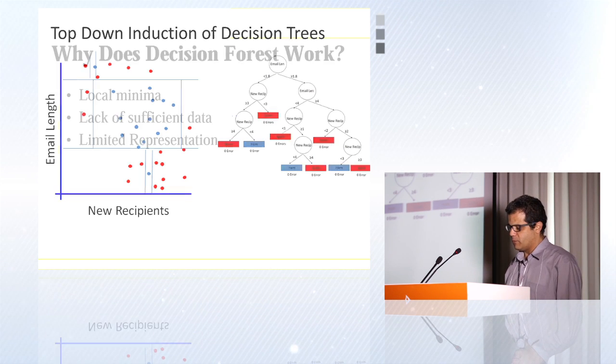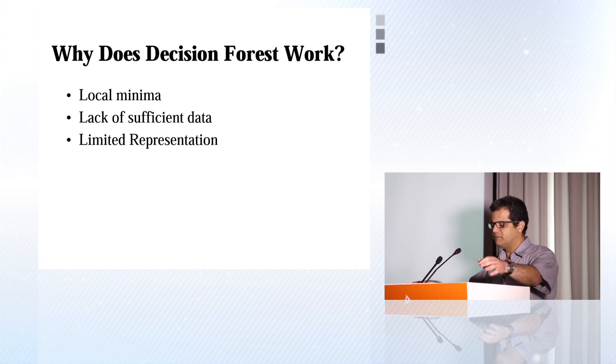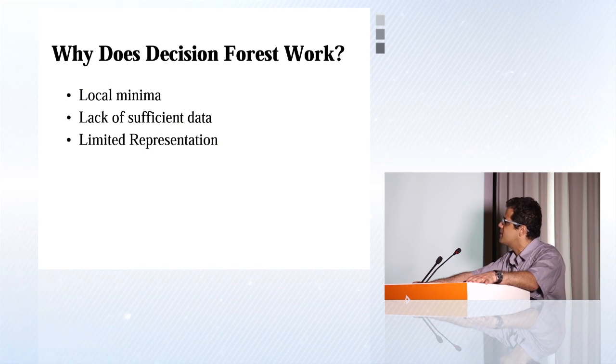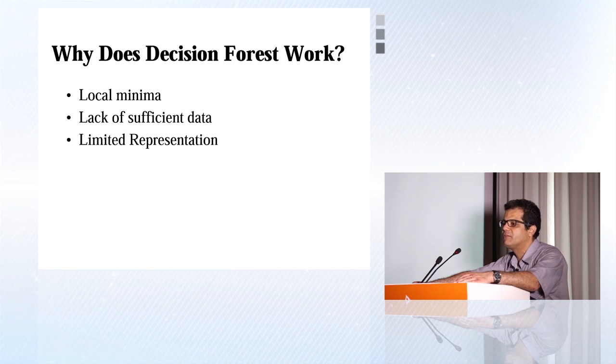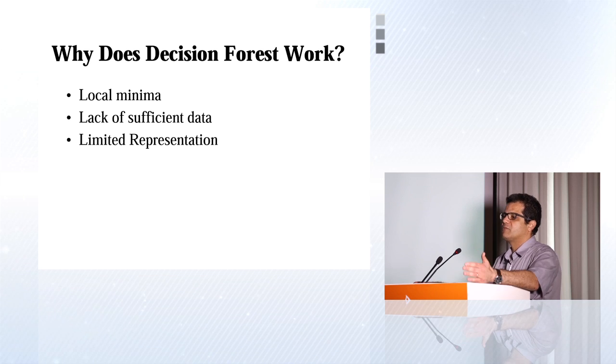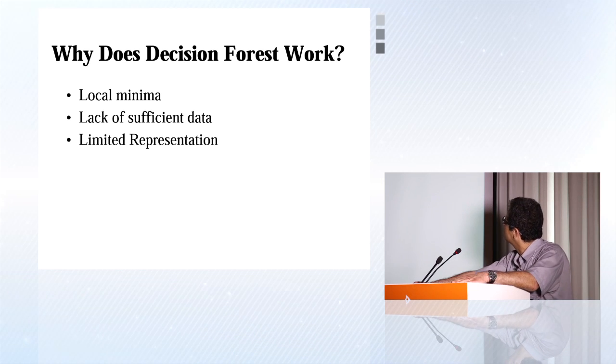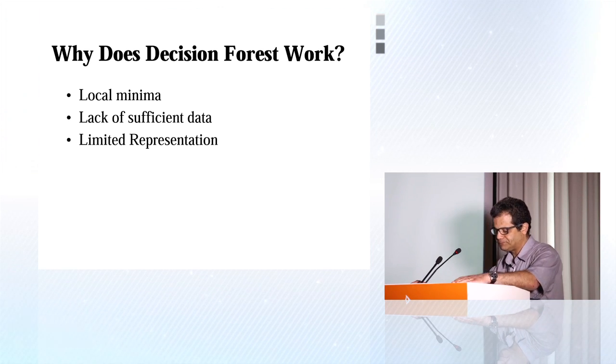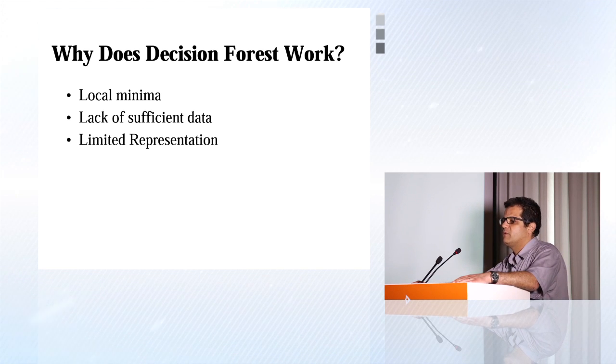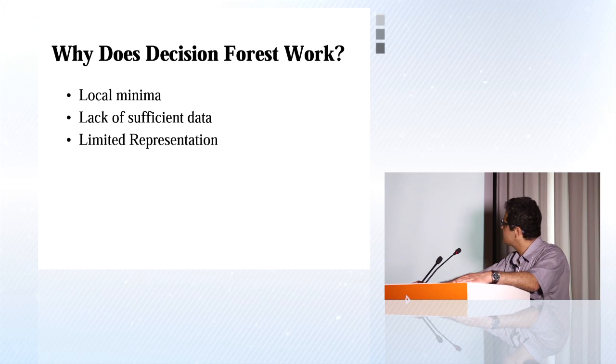So while decision trees have a lot of advantages, they do have some disadvantages, and the decision forest tries to overcome these disadvantages. First of all, because it is a greedy algorithm, it sometimes goes into a local minimum. Sometimes a decision tree also has a problem of insufficient data.